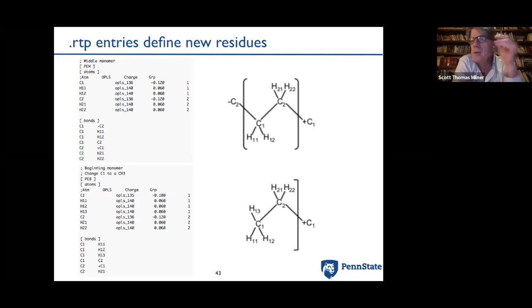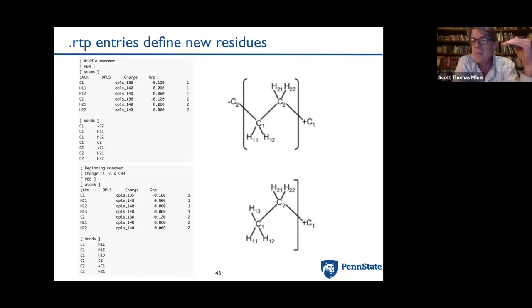In the upper right, you see a central monomer or repeating unit of polyethylene. So it's got two carbons, C1 and C2, each of which have two hydrogens, and the C1 is bonded to the previous C2, and the C2 is bonded to the next C1. And that's what that little piece of file over there, PEM, which stands for, when we made this up, polyethylene middle, is.